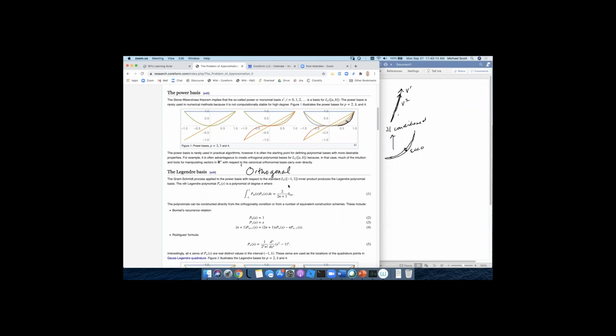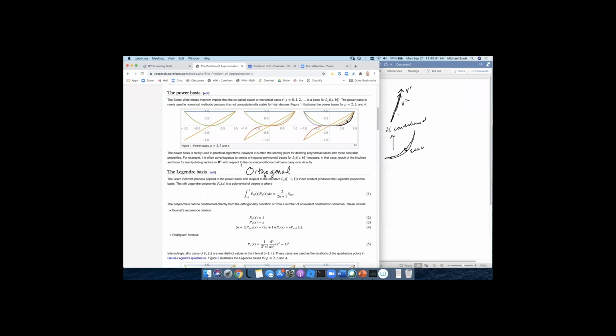Okay, so the orthogonal polynomials, there's a few of them. I'm going to talk about the Legendre and the Chebyshev bases. There are others. They come from taking the power basis and orthogonalizing the power basis with respect to some inner product, which gives the different orthogonal polynomial bases.